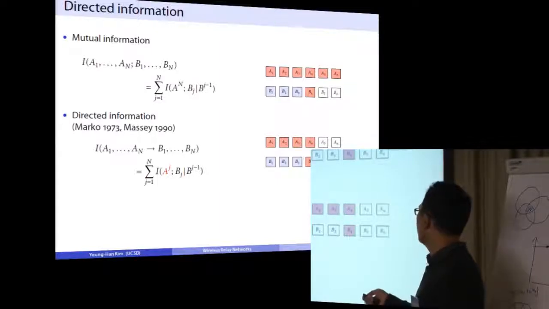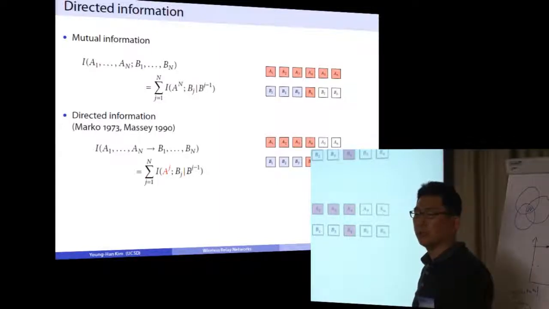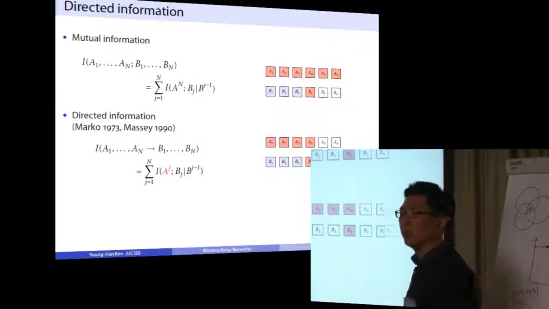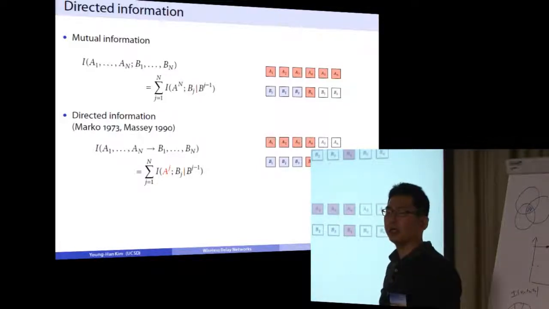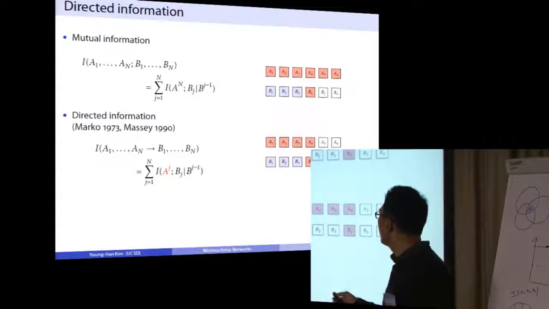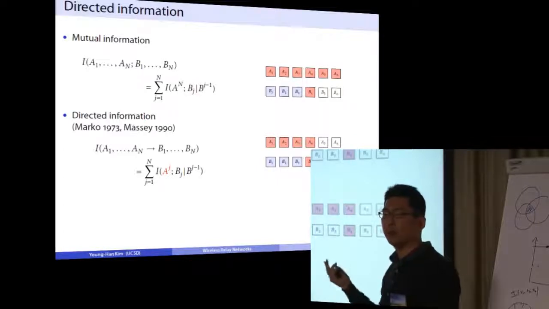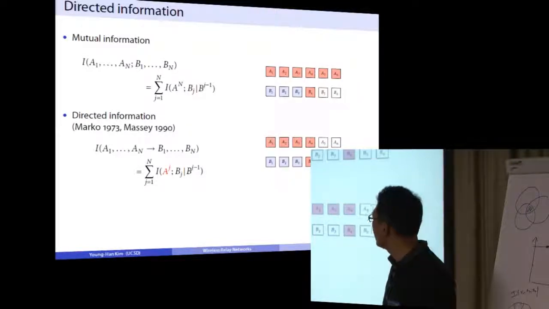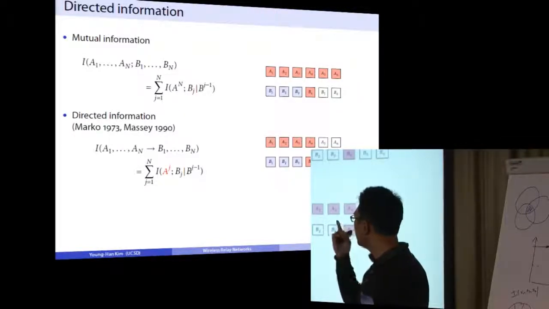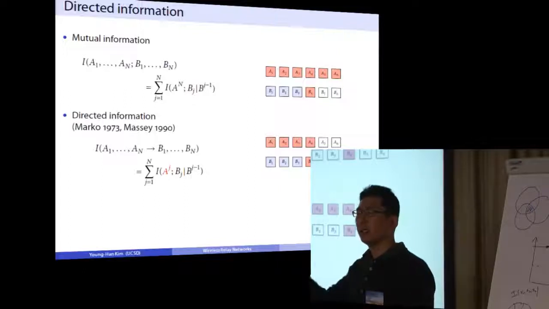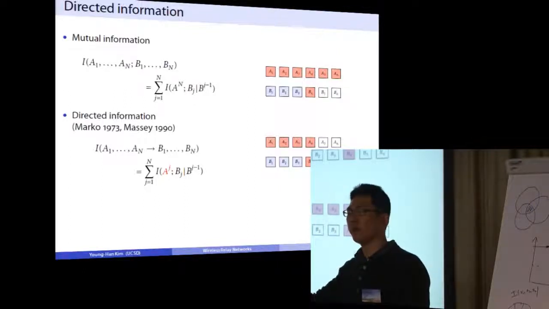Even in the early 60s, late 60s. He studied this in the context of cybernetics, but his most famous paper in this regard is his 73 paper, which was published in IEEE Transactions on Communications, where he actually studied the amount of causal influence in a group of monkeys.